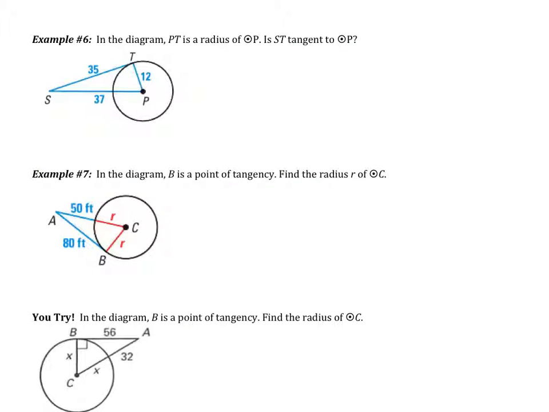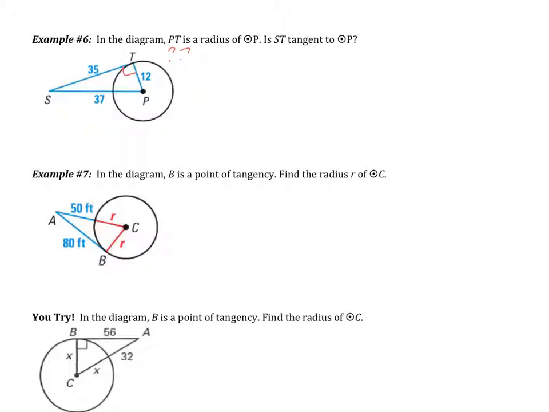Okay, the question here is starting out with the idea, is ST a tangent line? So what they want to know is, is this a right angle? Yes or no? How can we determine that? How can we determine if that's a right angle or not?